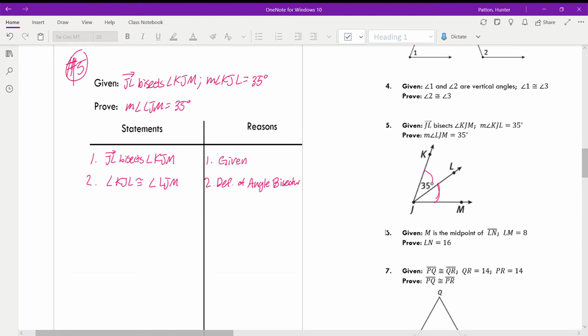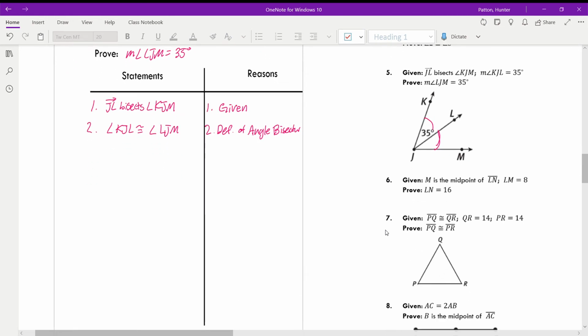Alright, cool. Now, notice that my next two things both deal with measures. So I'm probably going to need to write these two angles in terms of their measures. If those two angles are congruent, then their measures are equal. So our next statement will be that the measure of angle KJL is equal to the measure of angle LJM. This is by the definition of congruent angles.